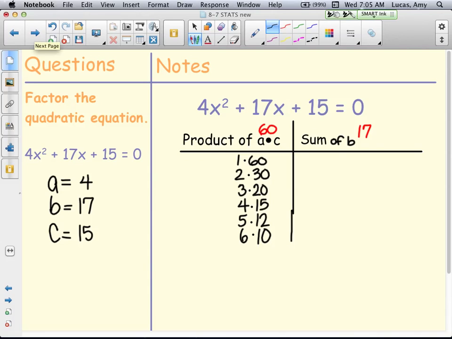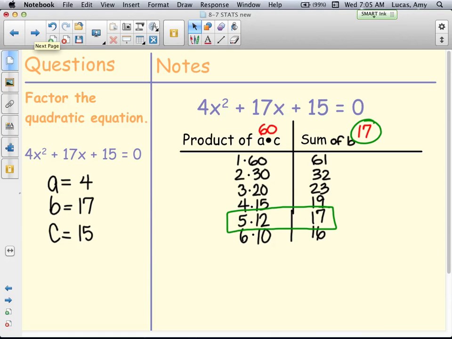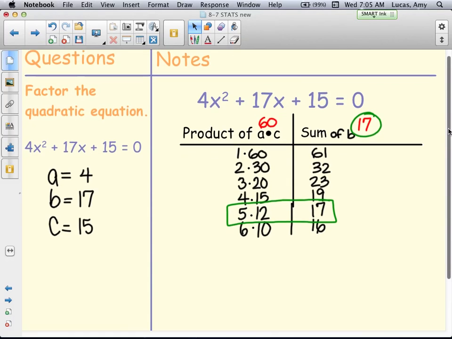Can't think of any more. So now if I add them, my sums are 61, 32, 23, 19, 17, and 16. So the sum that we were looking for is 17, and I see that right here. So we are going to use the product of 5 and 12.